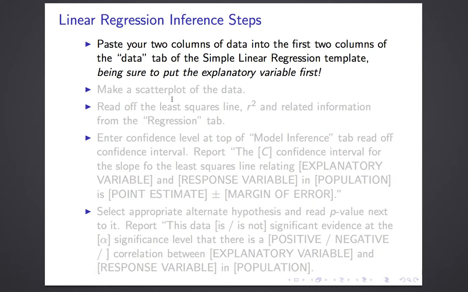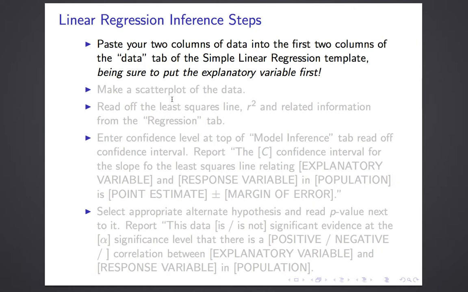We'll use a template, but you'll actually see it when I do an example. So I will go through this quickly. Of course, it starts by pasting your data into the Data tab of a template called the Simple Linear Regression Template. Notice our data now will be for each individual two numbers. So it will be two equal-sized columns of numbers.